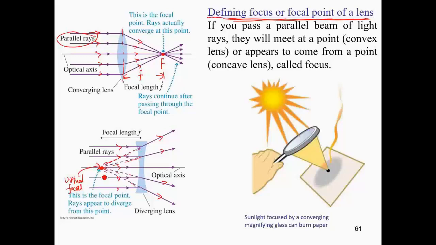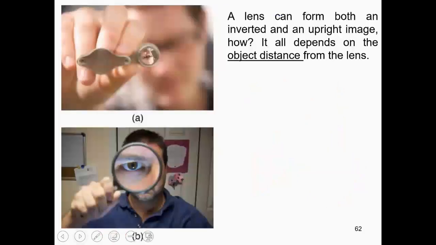The focus just appears to come from here, because this focus is formed by the diverging lens. So in case of concave lens, that's how you find the focus. And since it is virtual, this focal length is negative for diverging lens.